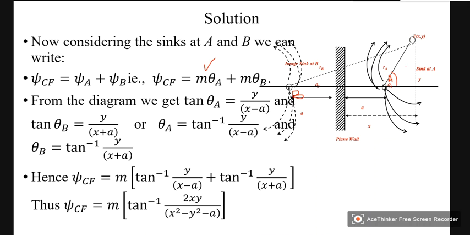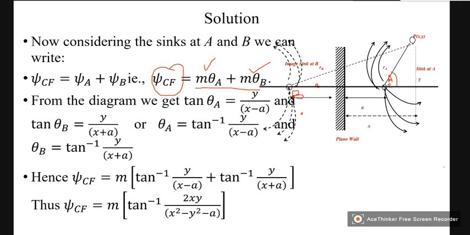In this case, this point P is making an angle theta A. So m theta A. And this value of psi at P due to a source at B will be m theta B. The strengths of these two sources is the same, m. So this is the combined flow. Psi will be m theta A plus m theta B.